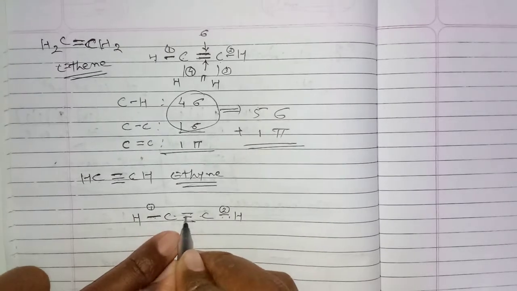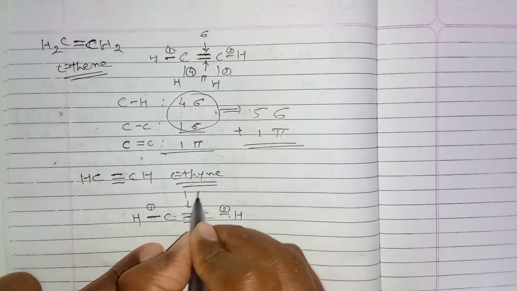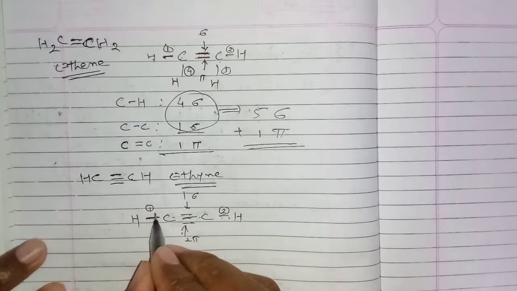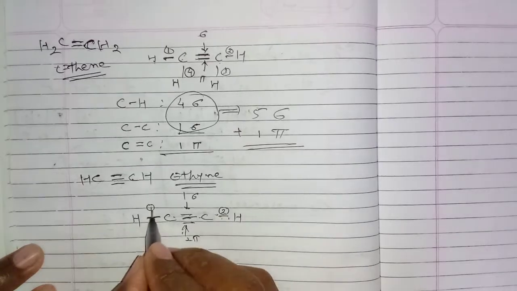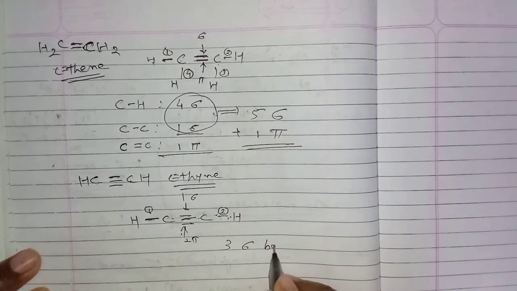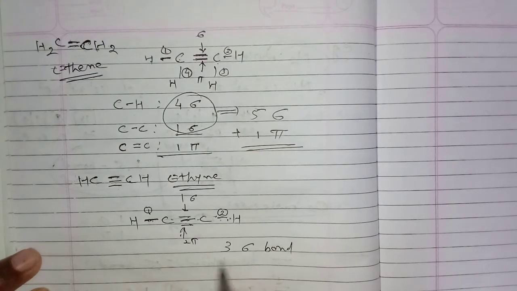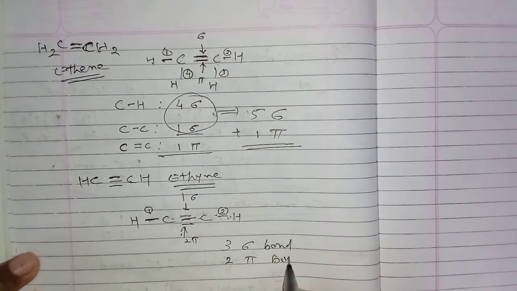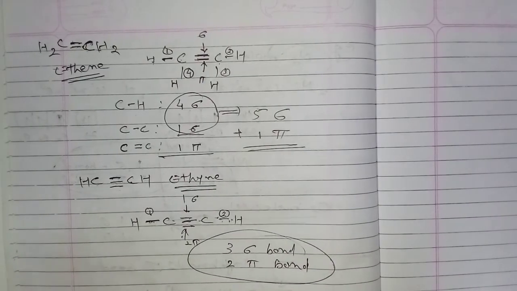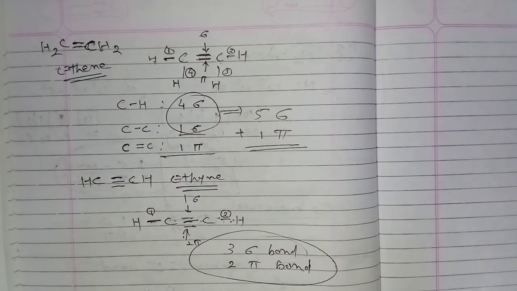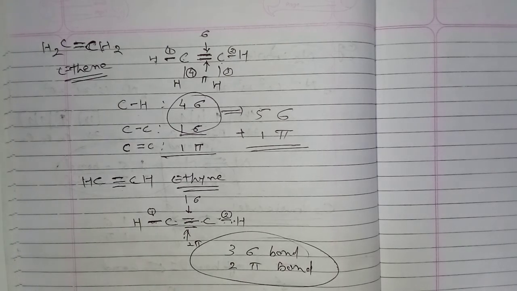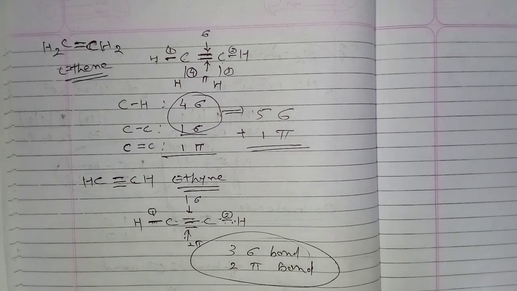In a triple bond there is always 1 sigma bond and 2 pi bonds. So in this case 1, 2 and 3 sigma bonds and 2 pi bonds. Okay, so this is the concept of the sigma bond and pi bond. Next time we will discuss another topic. Thank you very much.